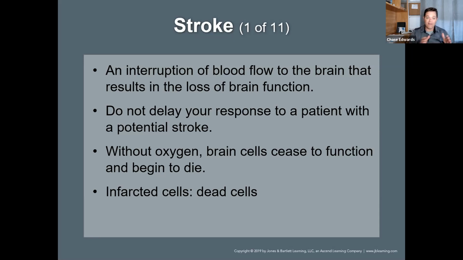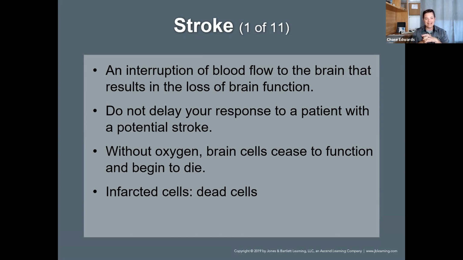When you're doing that FAST test, for facial droop, arm, what do they call it? Arm drift. What else? Speech. So when you're talking to them, you'll see that for face. But then also time. Time is last known.